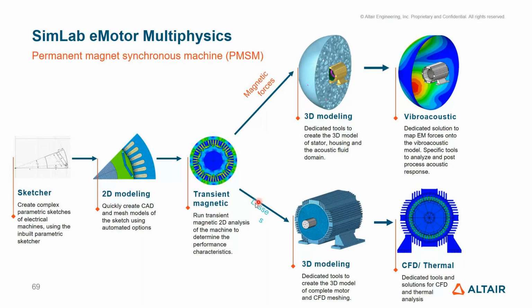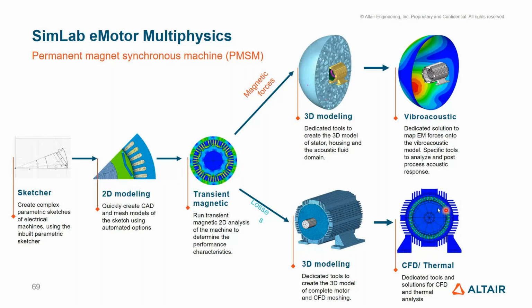The losses from the electromagnetic simulation can be transferred as a thermal load to the CFD simulation, and we can perform the thermal simulation, where you can determine the temperature distribution across different components of the motor.